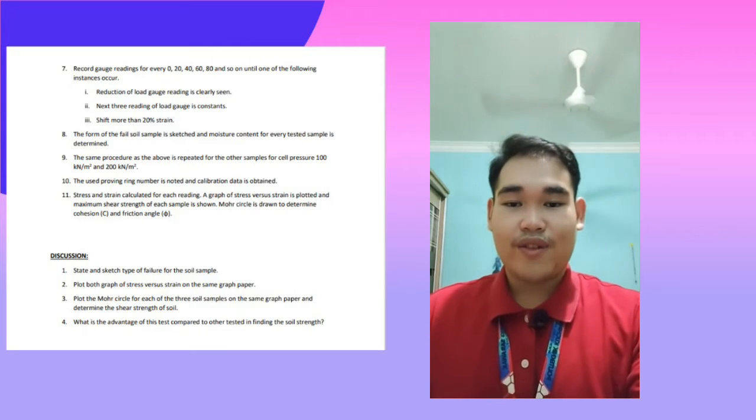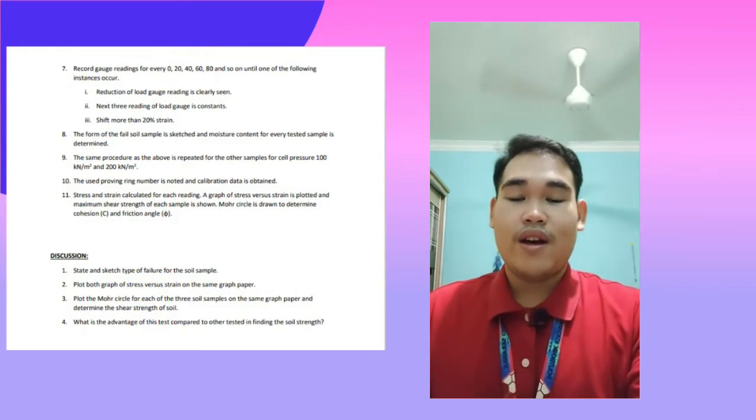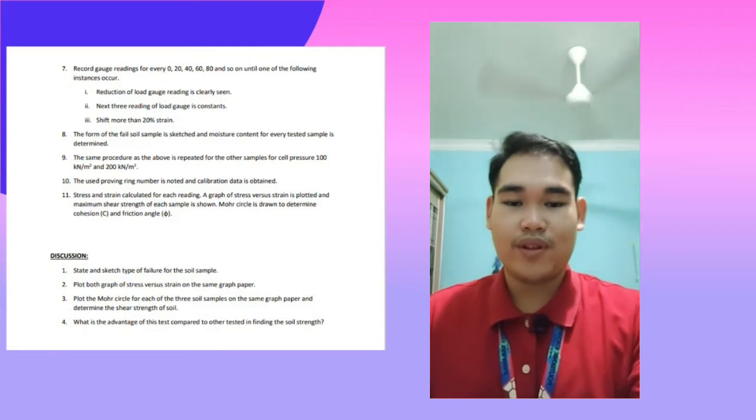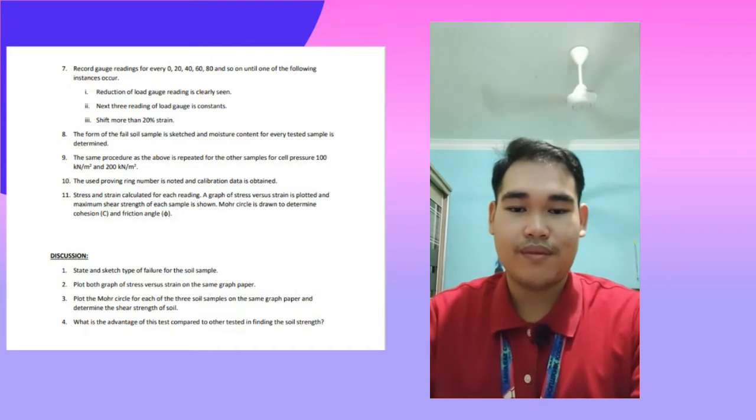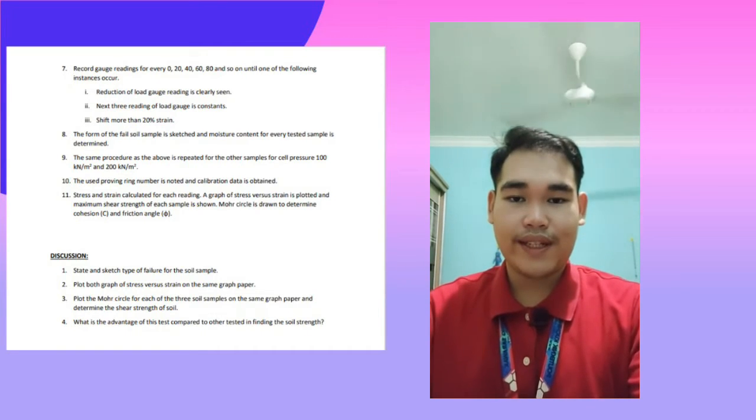Finally, stress and strain are calculated for each reading. A graph of stress versus strain is plotted, and maximum shear strain of each sample is shown. Mohr circle is drawn to determine cohesion and friction angle.